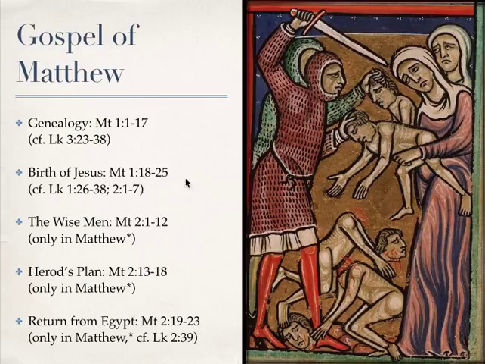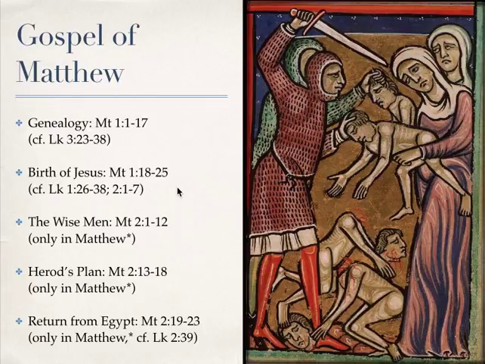These are the differences here, the fact that they both have a genealogy and they both narrate the birth of Jesus, but they do it in such radical difference. These are two very different birth narratives. This indicates that Matthew and Luke did not know each other.